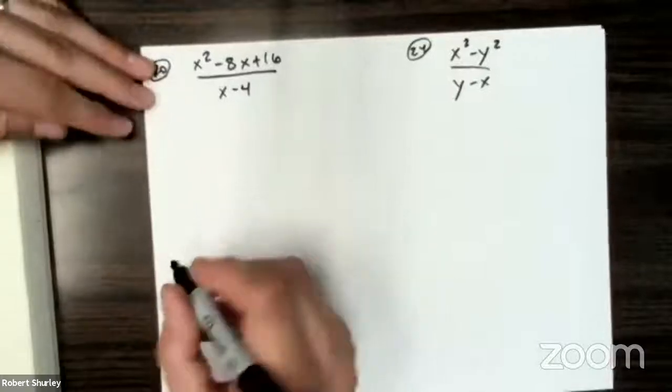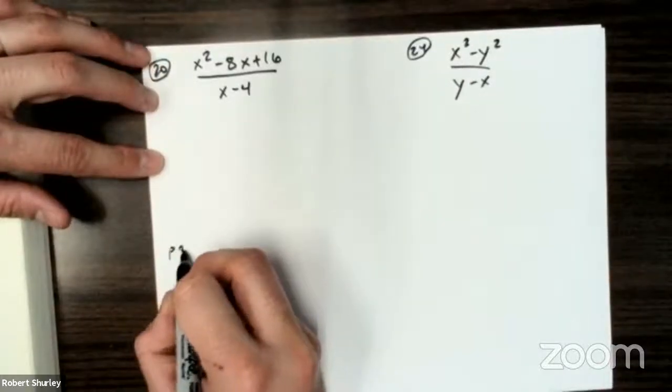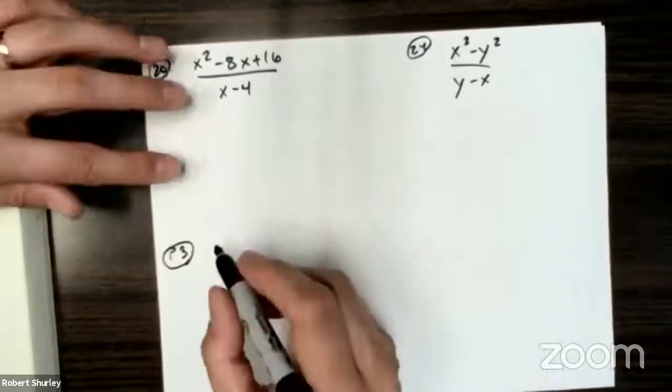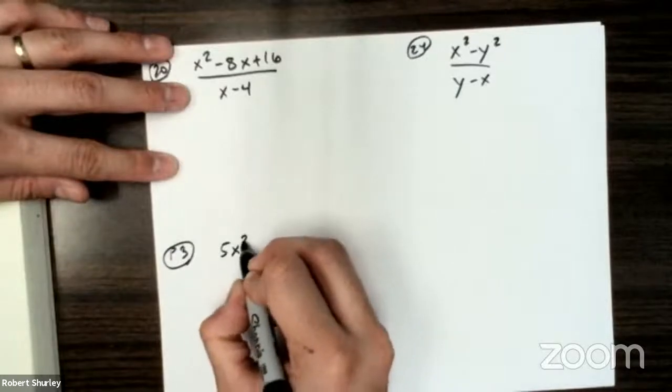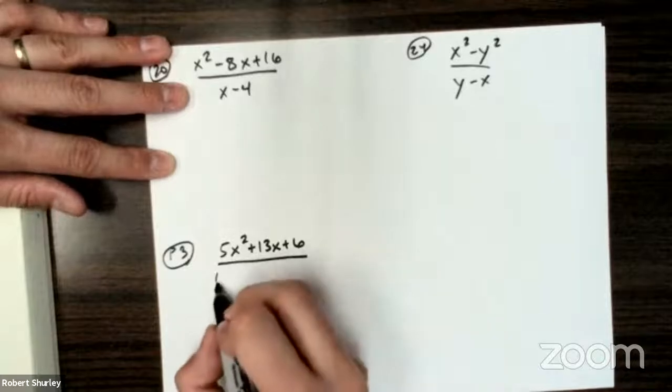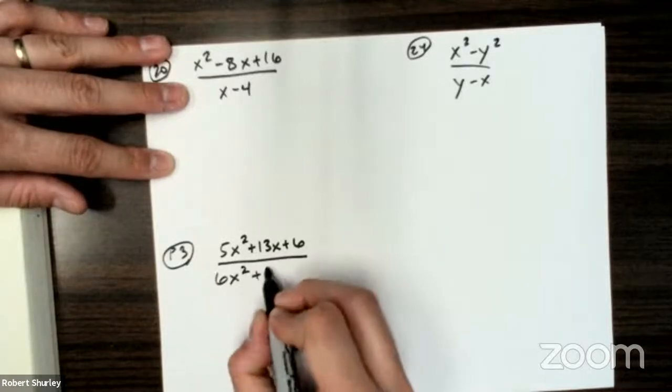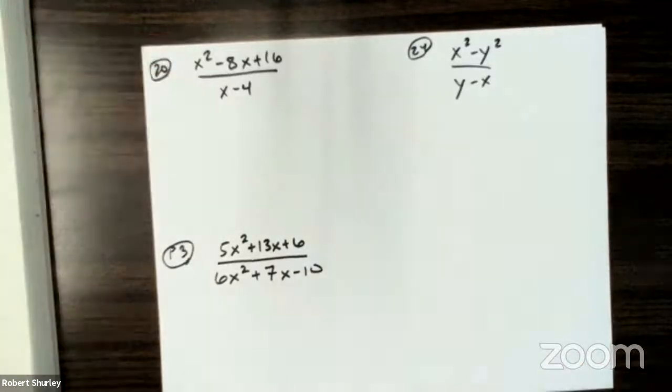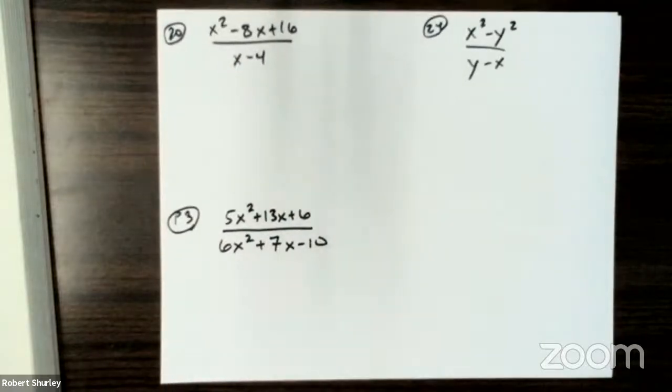Yeah, this is actually one of the practice problems. We'll do P3, okay, one of the practice problems. 5x squared plus 13x plus 6 over 6x squared plus 7x minus 10. Okay, try those three. I'm going to give you a minute to try those.